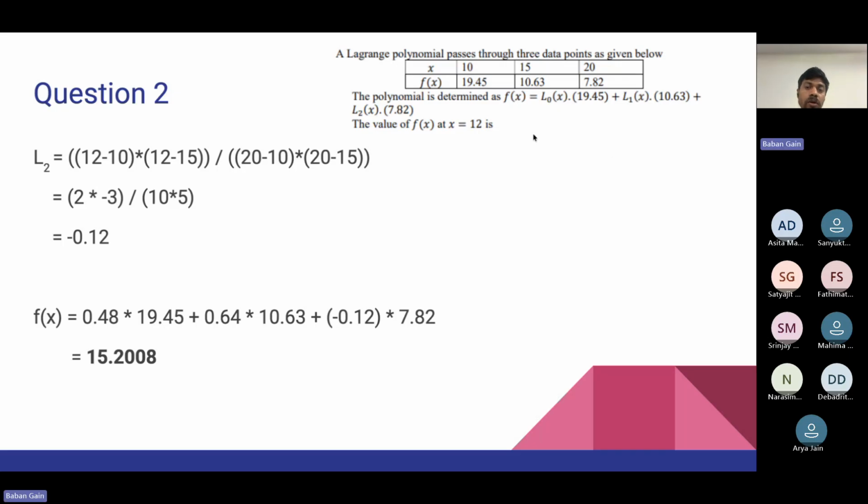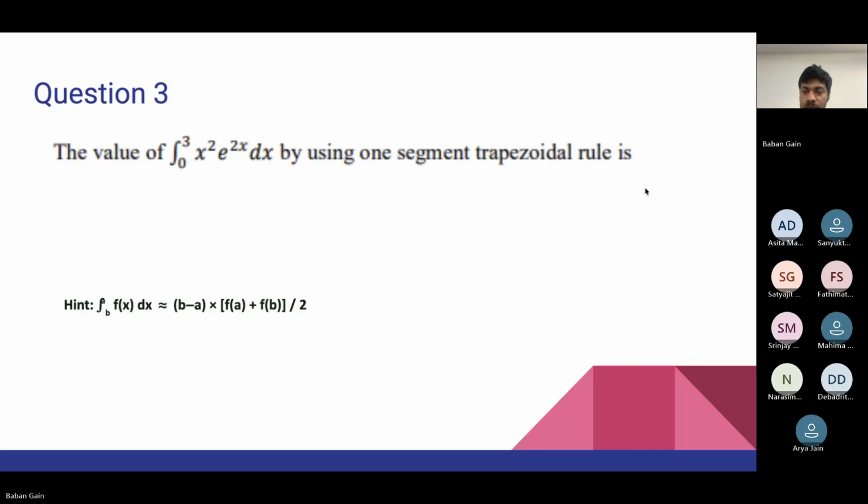Okay, so let me go to the next question. So you have an integration starting from 0 to 3, and you have this equation. So what is the area using only one segment?